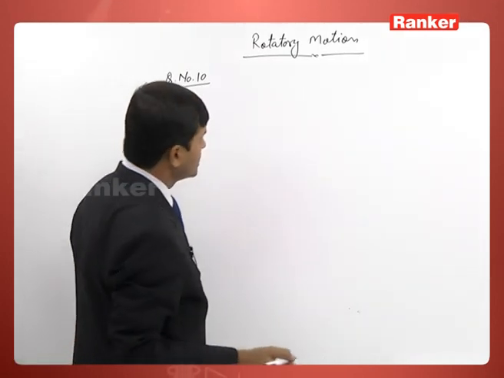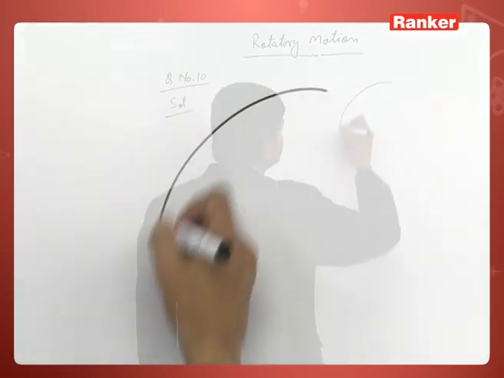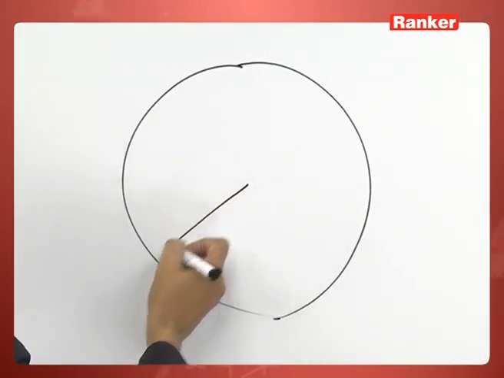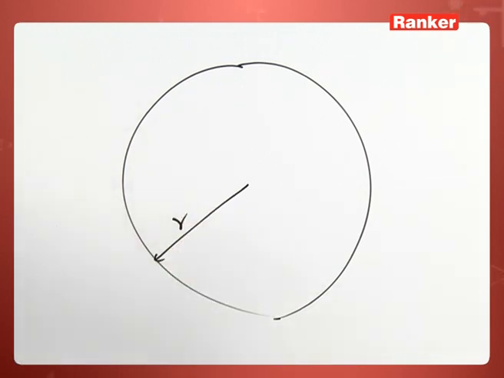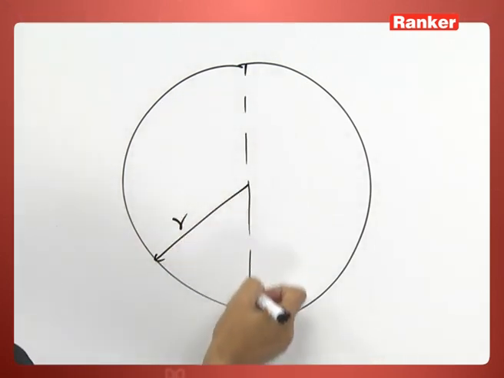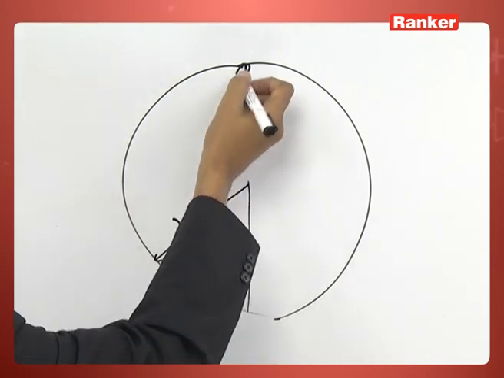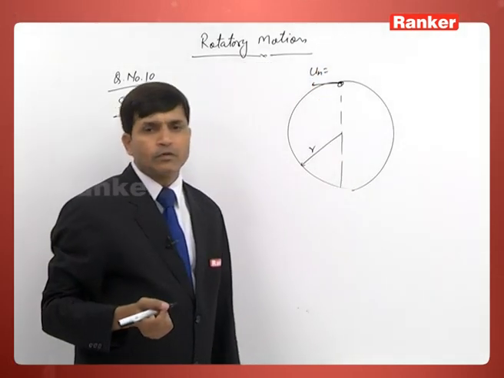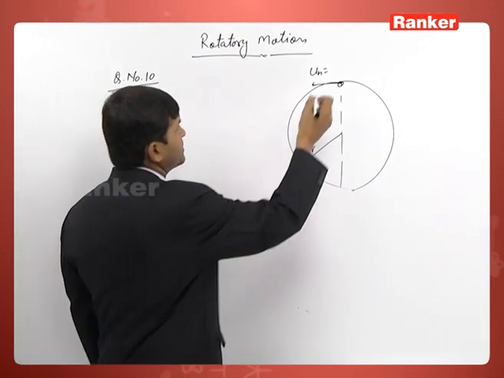This is your vertical circle of radius r. It is given that at the highest point the particle has velocity root over 2 rg.